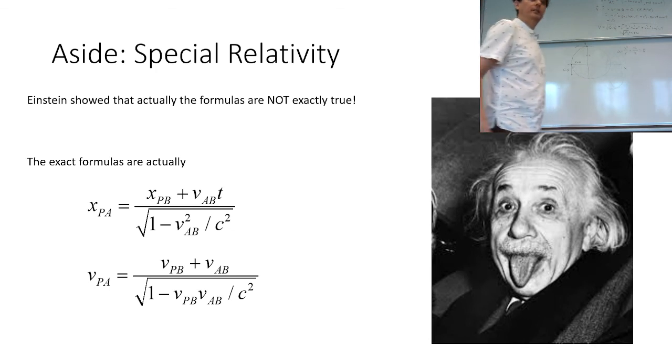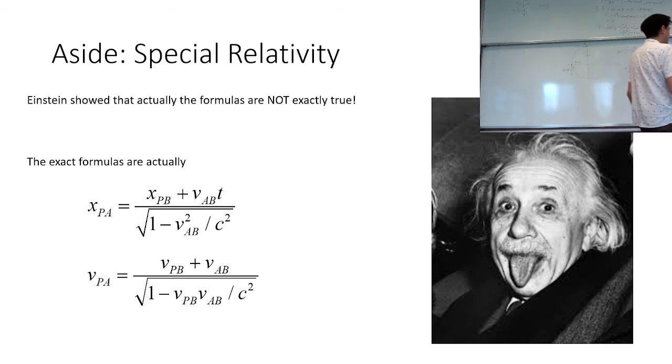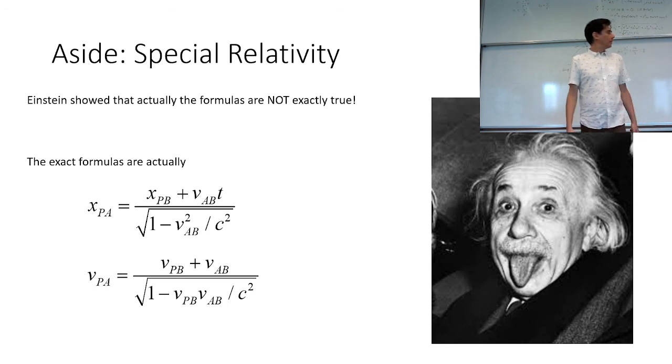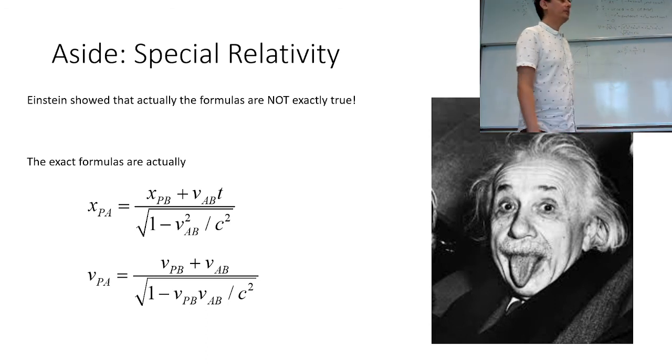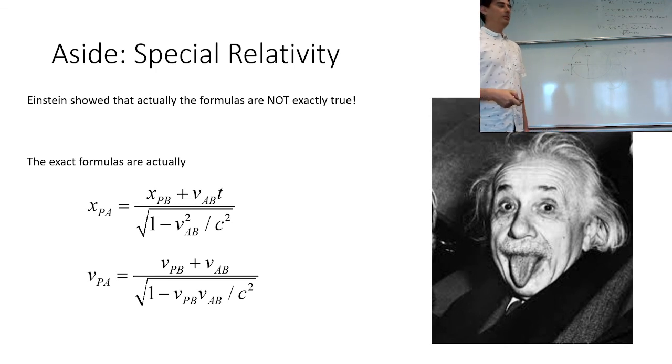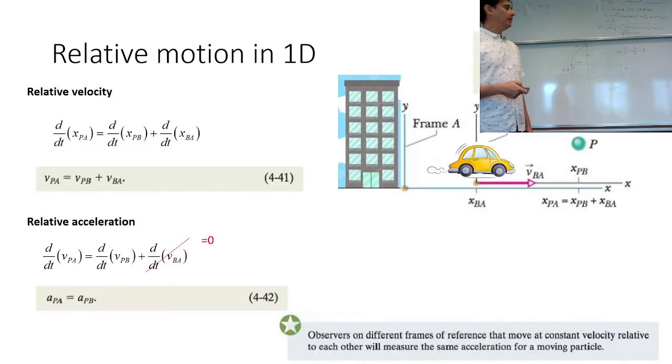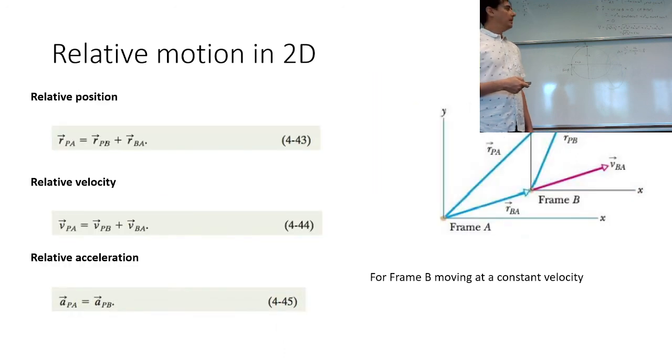Just as an aside, and this is not really part of the course, actually these formulas are not exactly true. If you move at relativistic speeds, these formulas are not true. So what looks like an absolutely trivial and obvious thing is actually not even true.